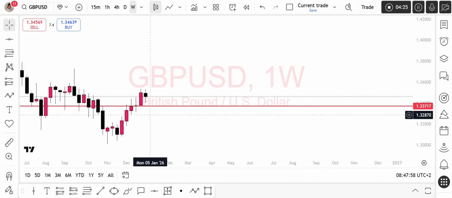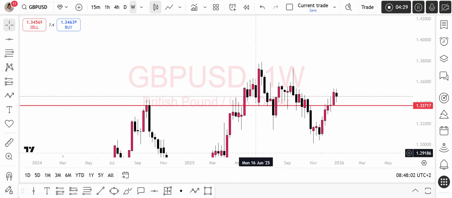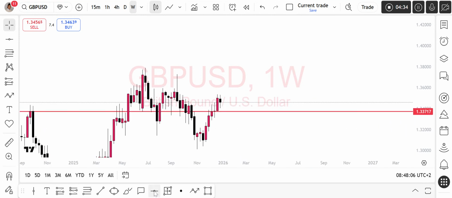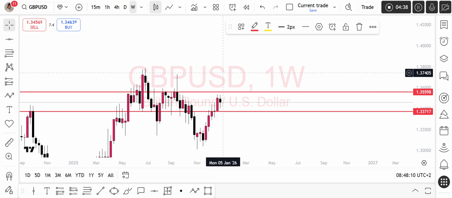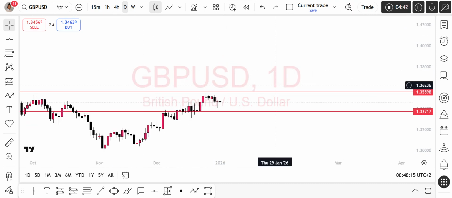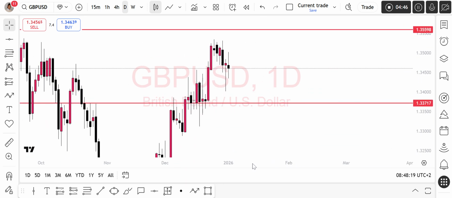The nearest supply area or support area, not supply, the nearest support area is this area over here, this red line. And then the nearest resistance area is this line over here. So for now, I'm just going to be looking at what's happening within those areas. Cool.